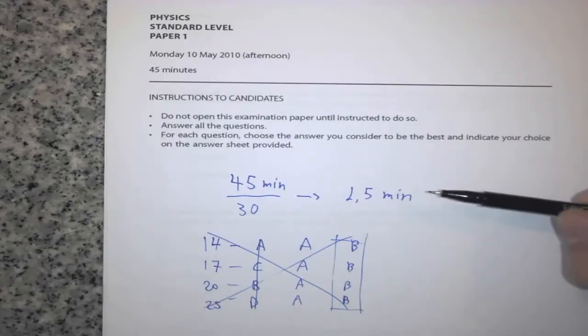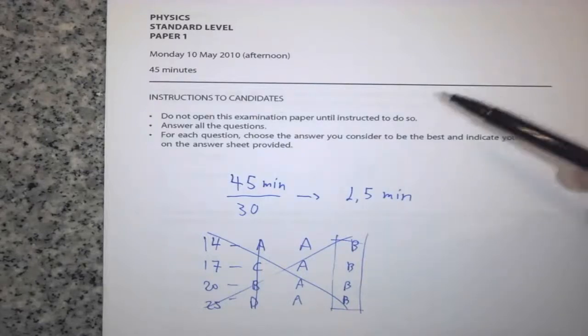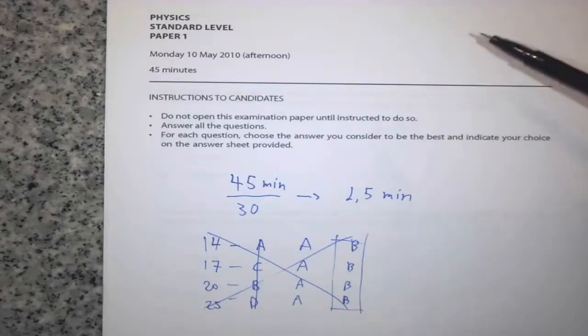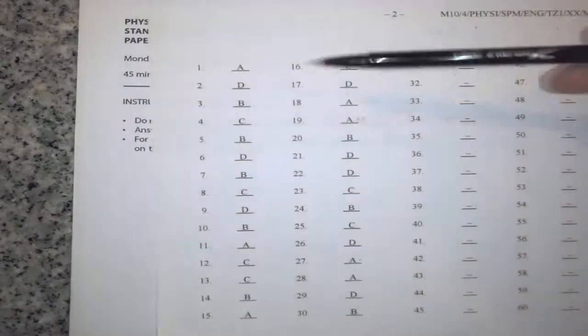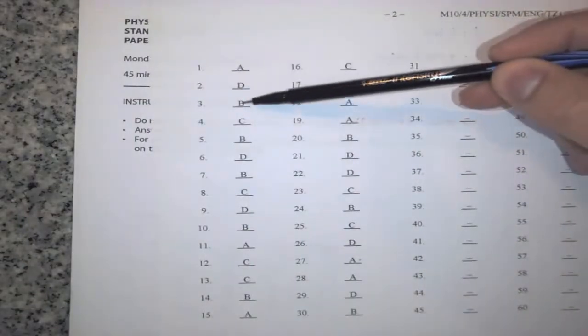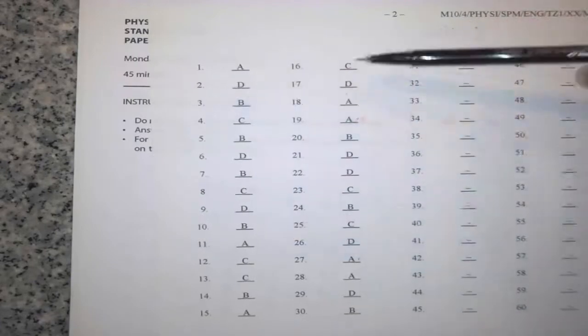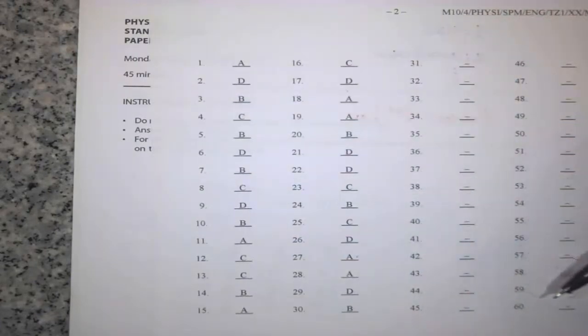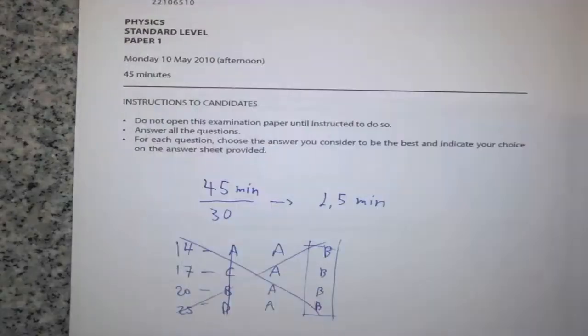During the exam, you don't mark the answers on the pages where you see all the questions. You use another sheet to answer every question, so number 1 is going to be A, number 2 is going to be D, and so on, whatever you choose. This sheet is going to be provided to you during the exam.